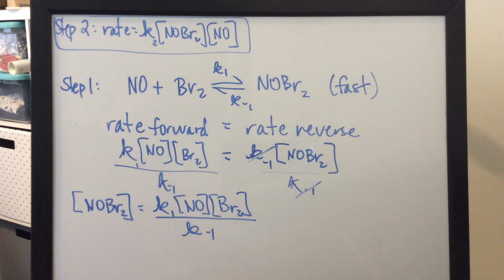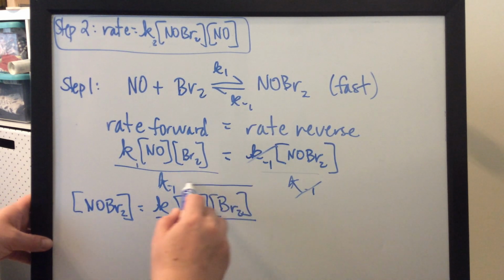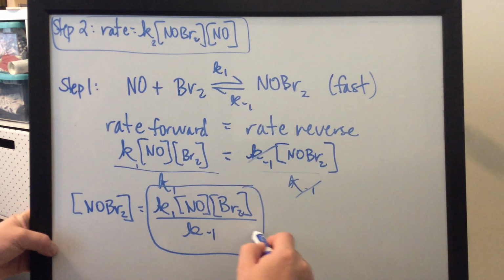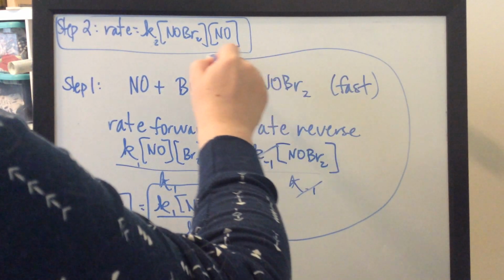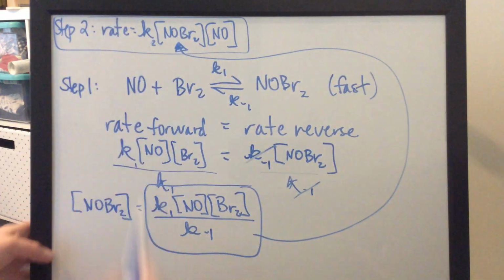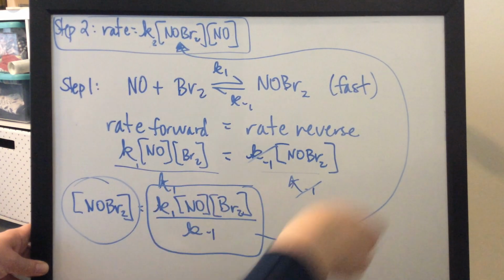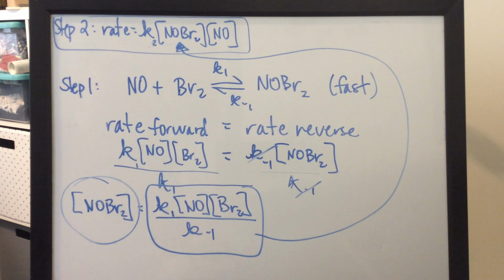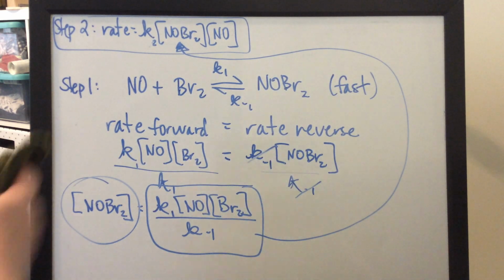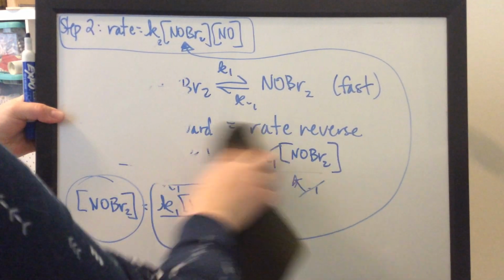Now, this is a mess. I'm going to substitute this value in for this, because this is equal to this, and there I have this. So I can substitute that in. Now, how do I do this without losing my whole paper here?